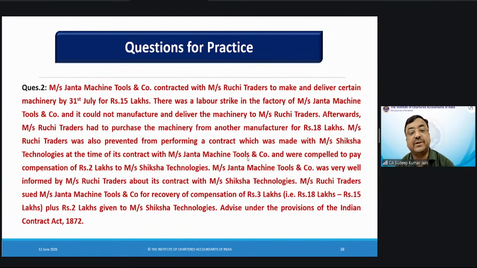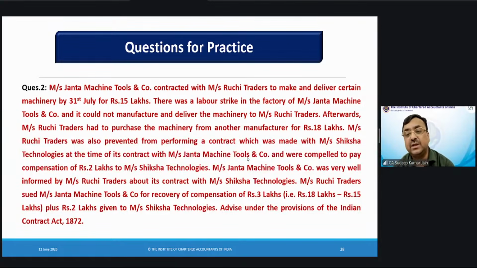Ruchi Traders was also prevented from performing a contract which was made with Shikha Technologies at the time of contract with Janta Machine Tools and Company, and was compelled to pay compensation of rupees 2 lakh to Shikha Technologies. Ruchi Traders sued Janta Machine Tools and Company for recovery of compensation of 3 lakhs, that is 18 lakh minus 15 lakh, plus 2 lakh given to Shikha Technologies. Advise under the provisions of the Indian Contract Act 1872.